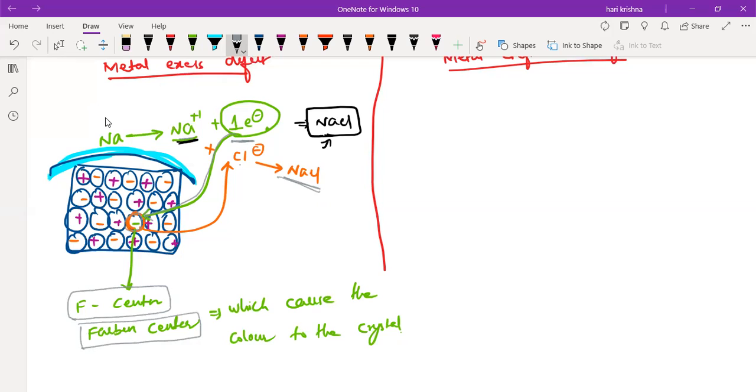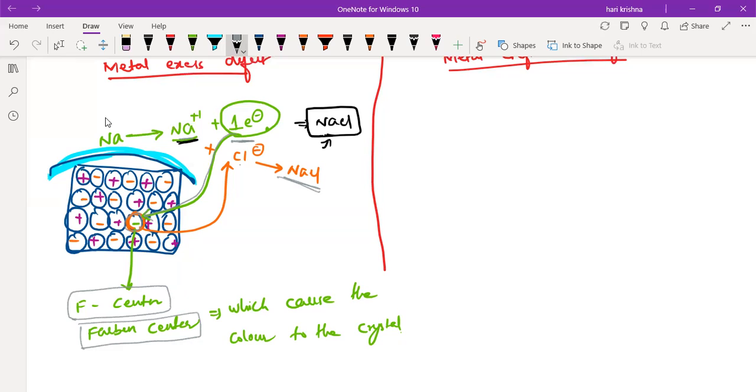Is it clear now? Is it clear or not? Yes, sir. So what is the meaning of F center? To maintain electrical neutrality, an electron is added in the place of Cl-.